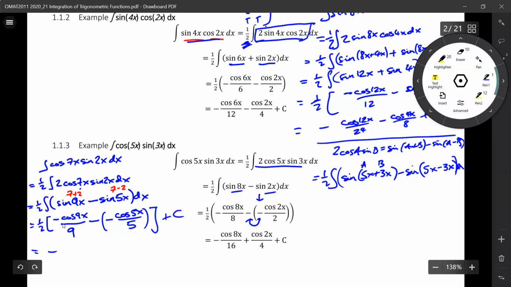And that is equal to minus the cosine of 9x over 18 plus the cosine of 5x over 10 plus a constant of integration. So the answer there should be the third one. Okay.